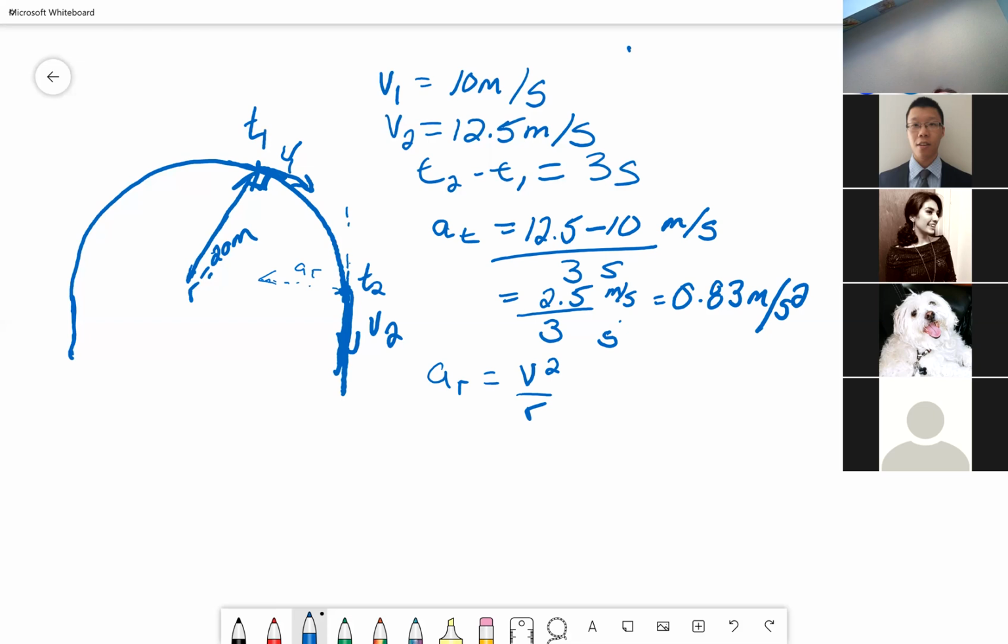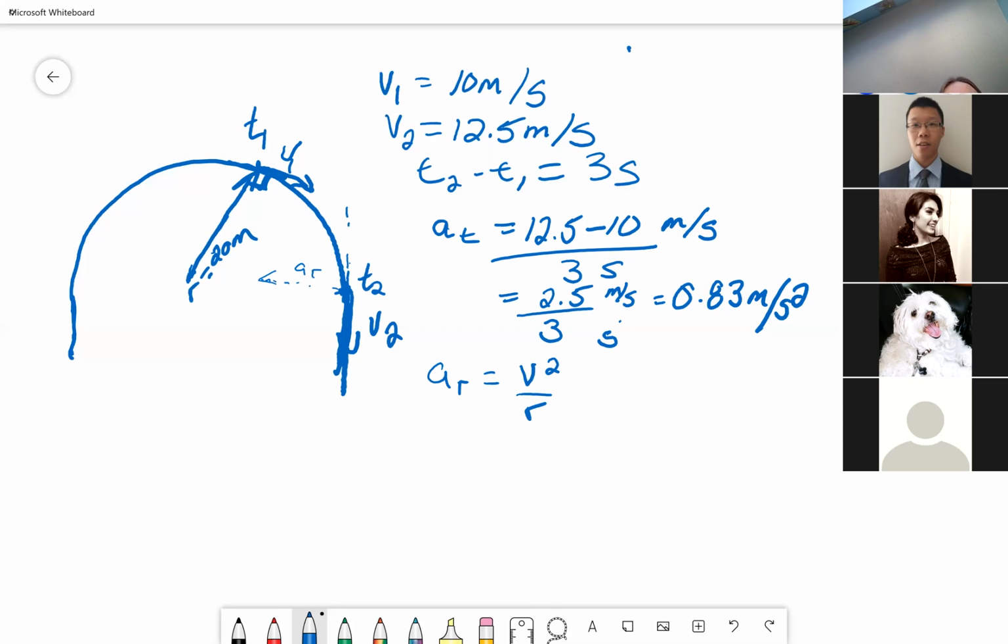The radial acceleration has to do with what the current velocity is and the current radius is. Because the magnitude of this velocity is actually changing, the radial acceleration is going to be changing throughout this curve.